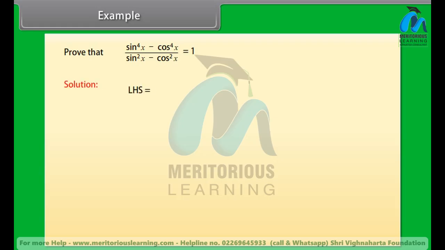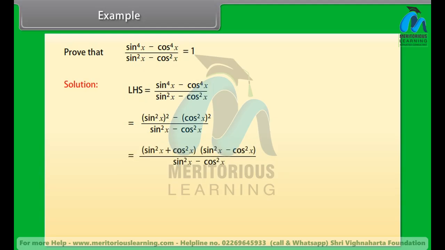On solving the left-hand side, which is (sin raised to the power 4x minus cos raised to the power 4x) whole upon (sin²x minus cos²x), we get 1. And this is equal to the right-hand side. Hence, the expression is equal to 1.